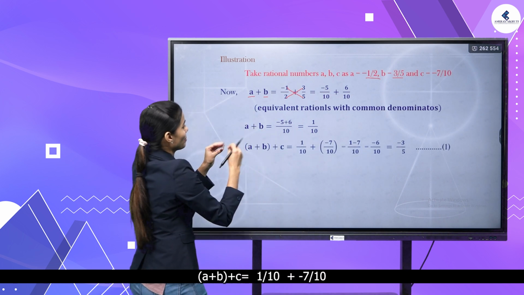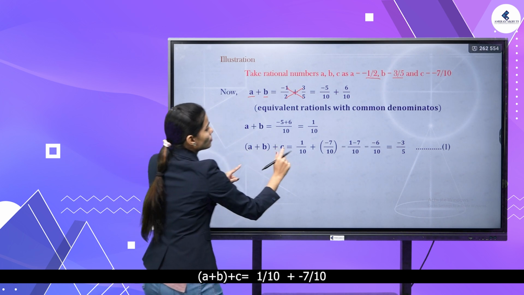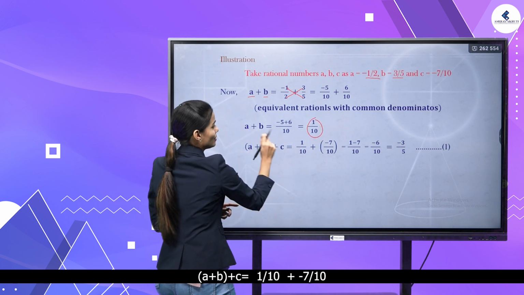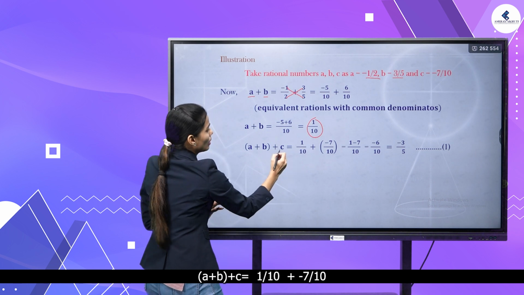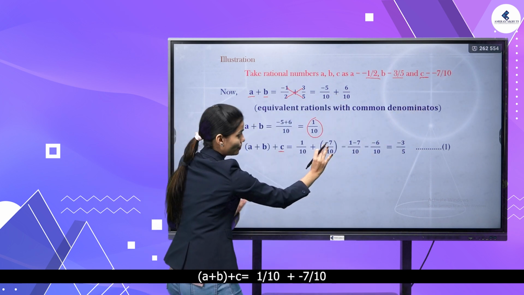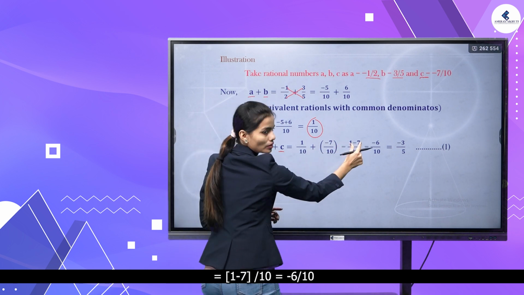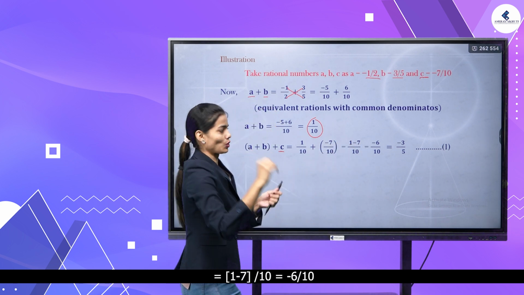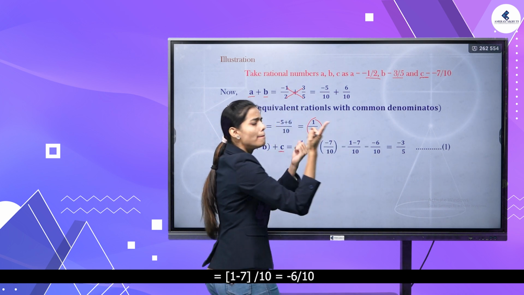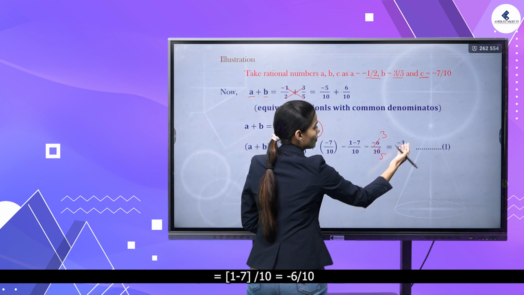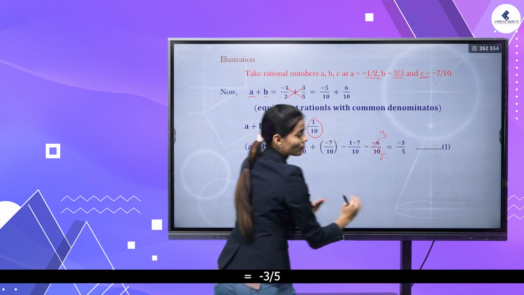(a + b) + c is equal to 1 by 10 plus minus 7 by 10 is equal to 1 minus 7 by 10 is equal to minus 6 by 10 is equal to minus 3 by 5.